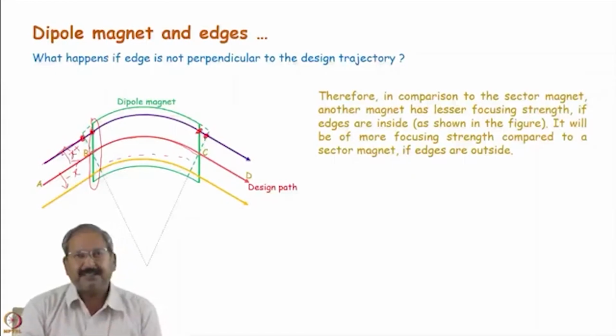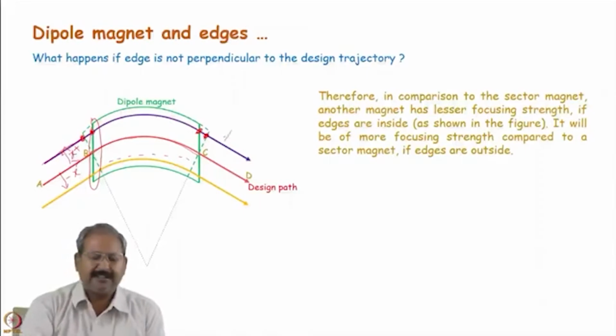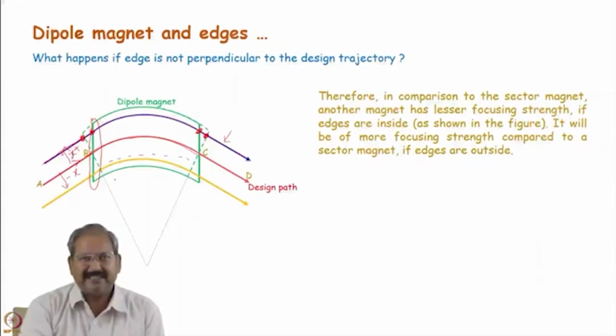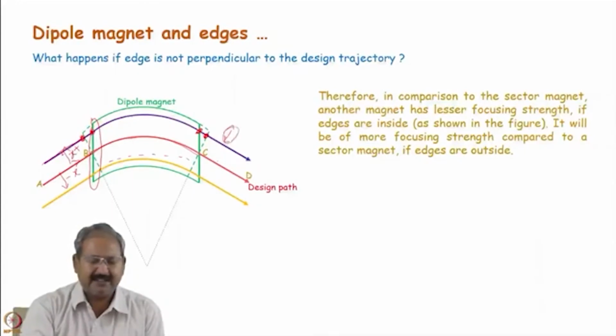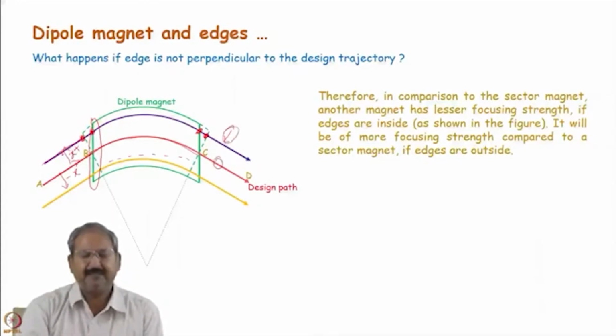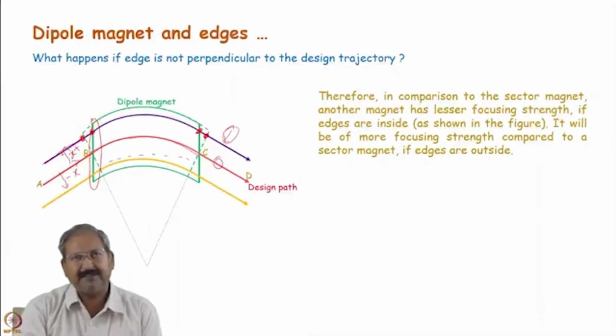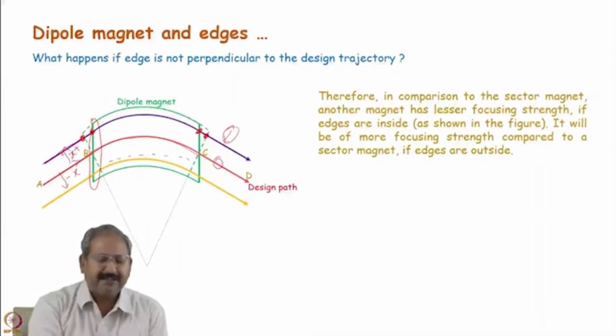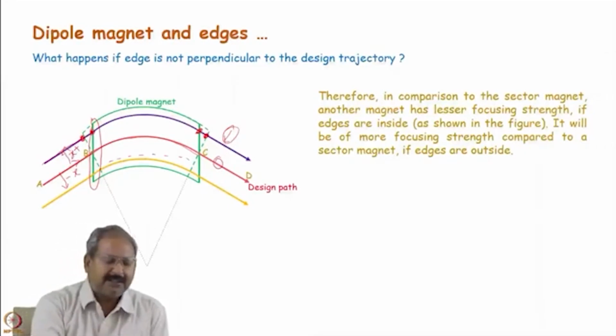So in the case of the sector magnet bending was more for this trajectory, while in this orientation the path length is exactly the same as for the design trajectory, meaning both trajectories bend with the same angle. And similar is the case if the particle is deviated in the negative x direction.